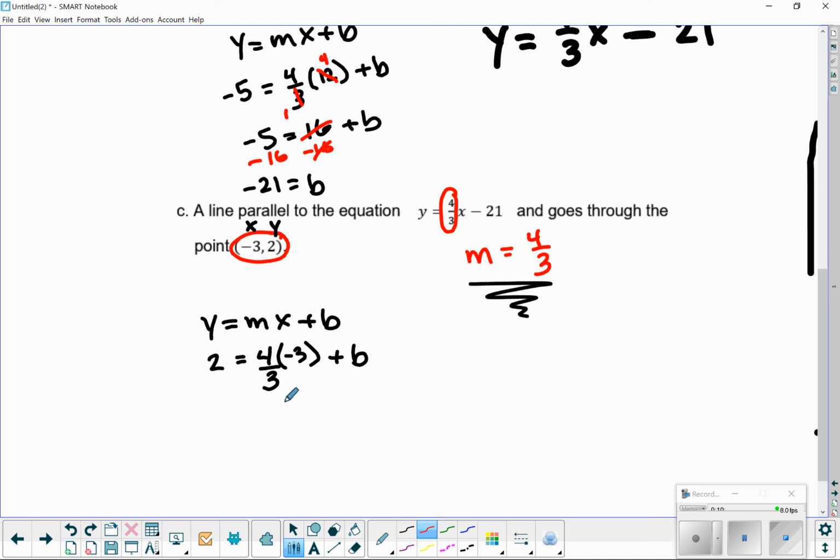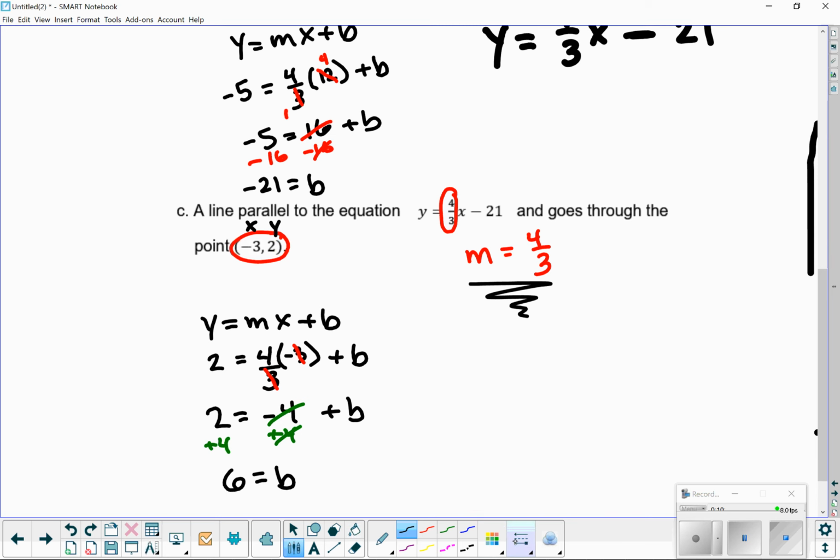Use a calculator or use some fraction. I'm going to go ahead and simplify this fraction. 3 and 3 is going to cancel, and you're going to be left with -4 plus b. That's going to equal 2. We'll solve this by adding 4. That's going to cancel. You get b is equal to 2 plus 4, that's 6.